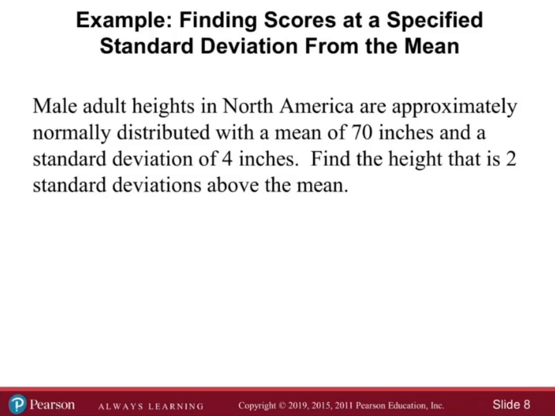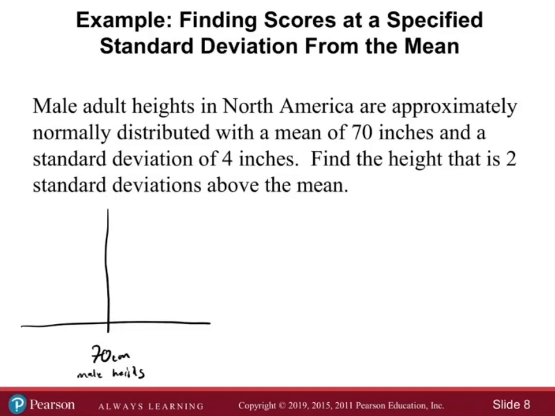I feel like I do better when I have a rough sketch of my bell-shaped curve. We know on the x-axis we have the height in inches. So say this is our average at 70 inches. Male heights.